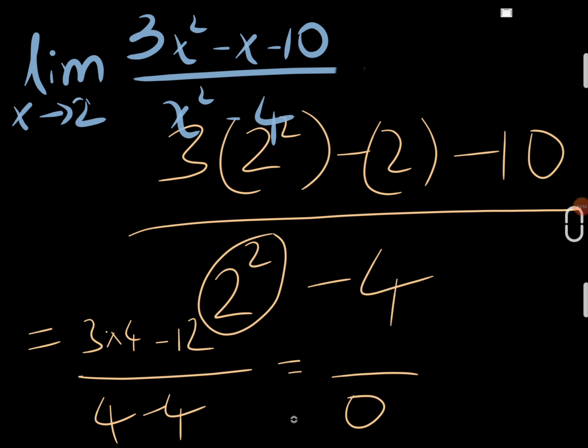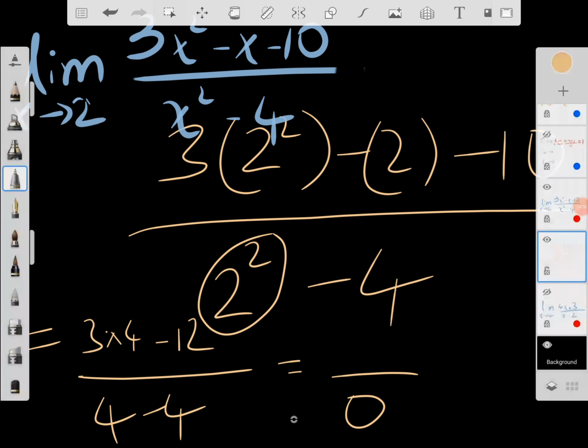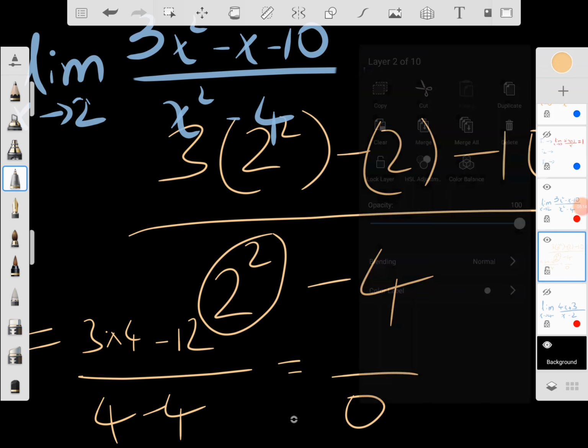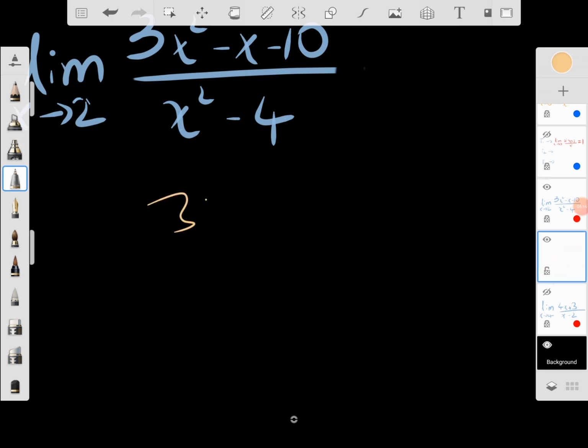So what can we do? In these types of questions, the best method I would suggest is to directly use the concept. And what is the concept? Just substitute values which are very, very close to 2.